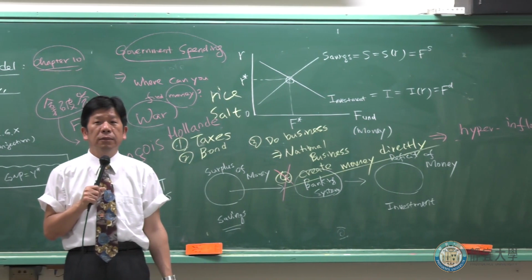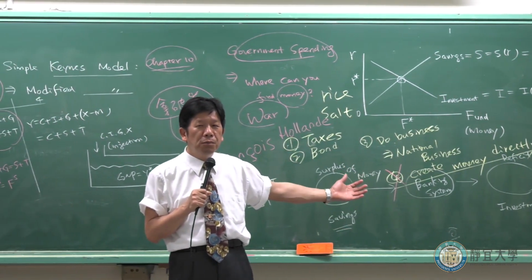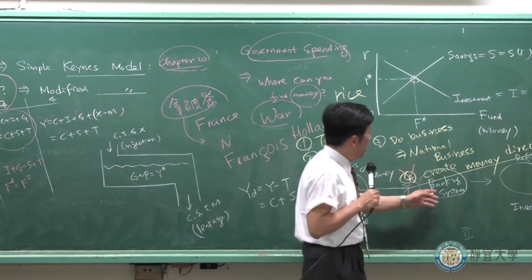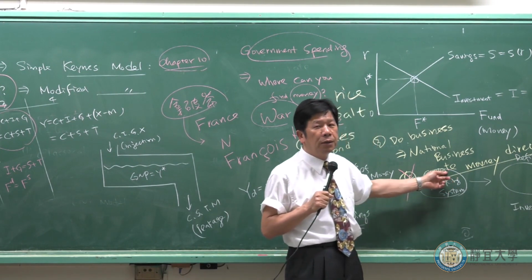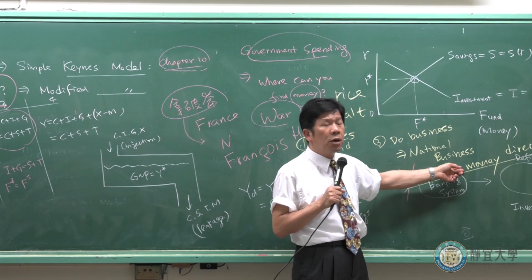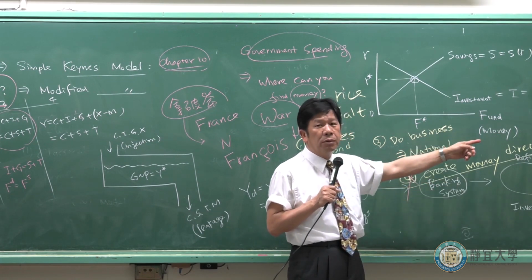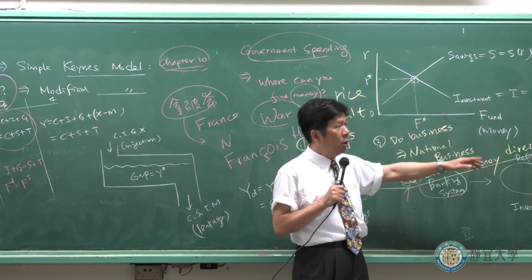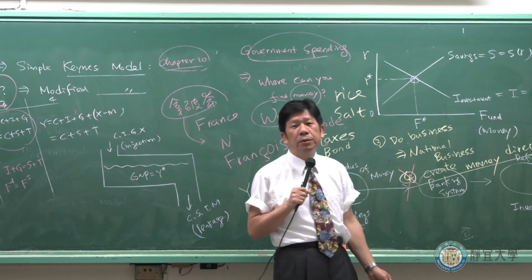Can you imagine? If the government creates money directly, the country will get hyperinflation, and all the people will be in big trouble.